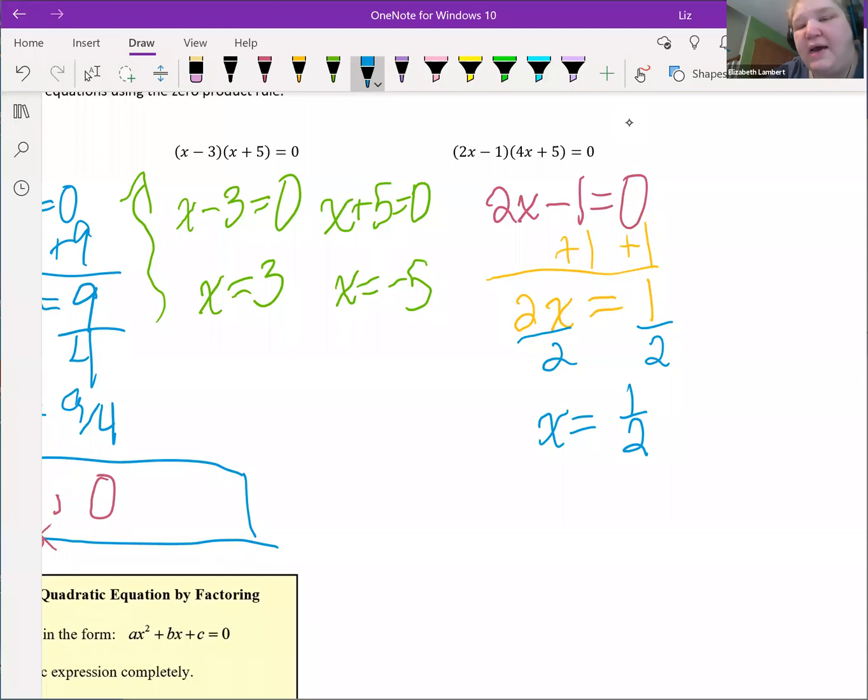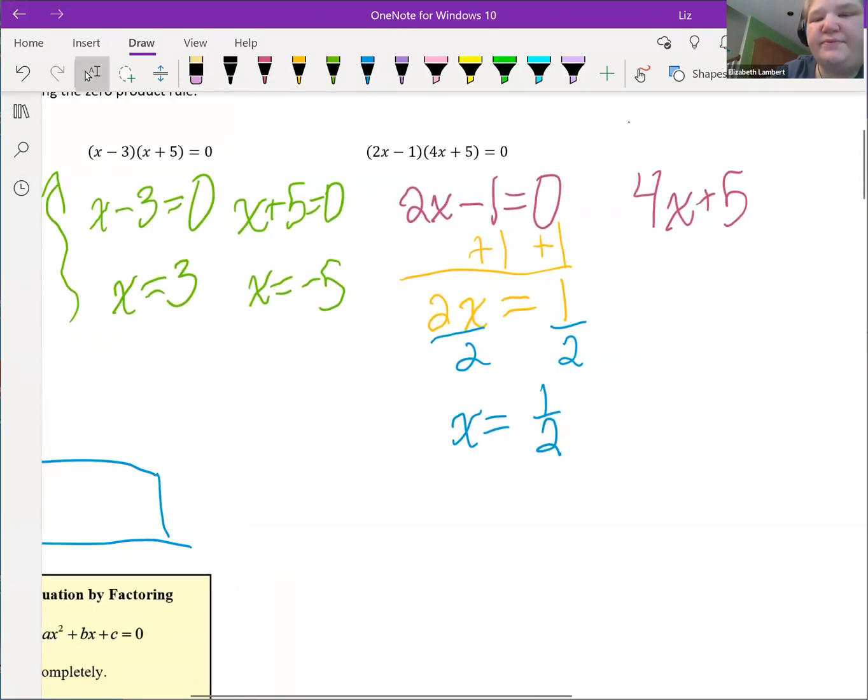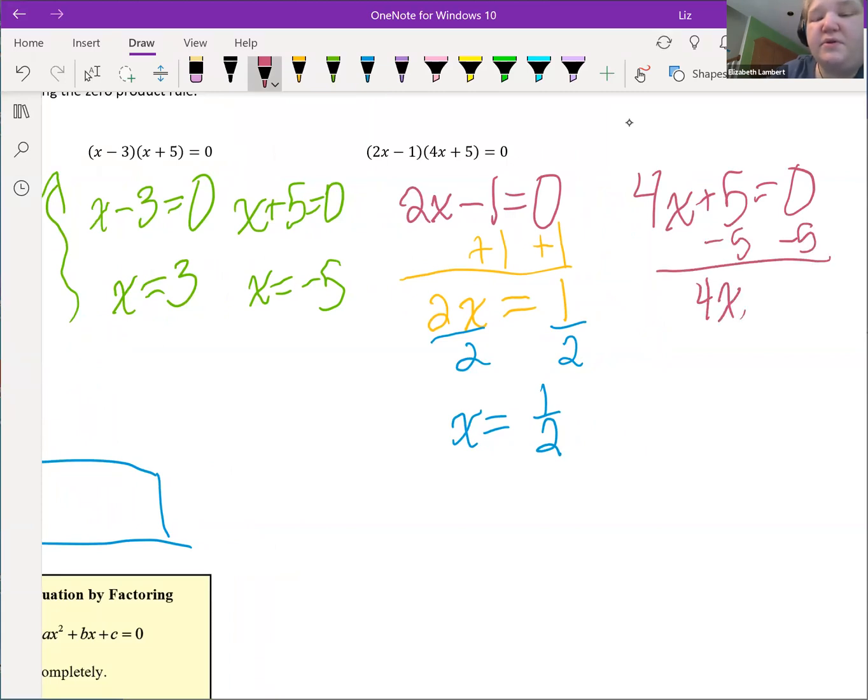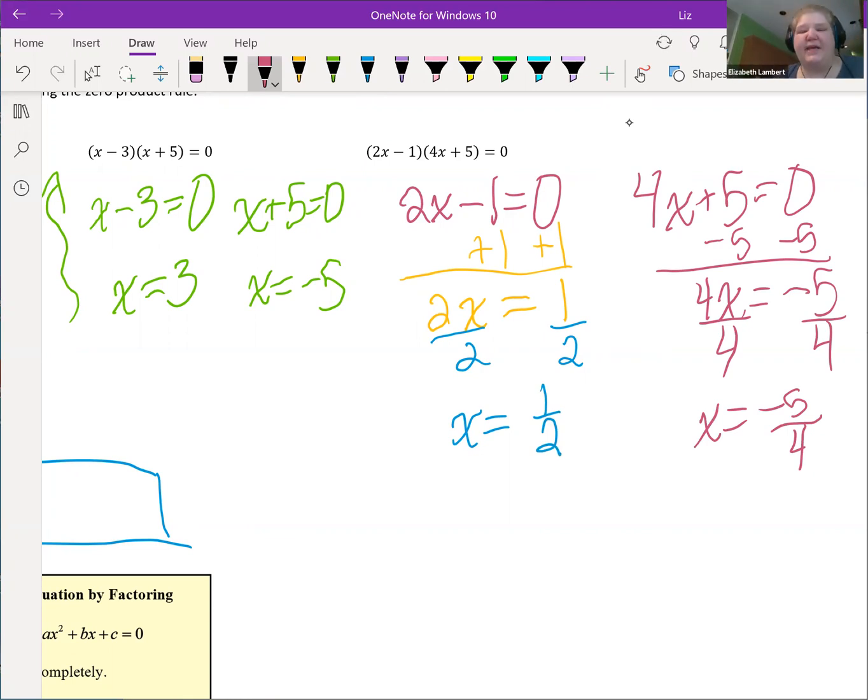All right, so 1/2 is one of our answers. And then the other one, 4x plus 5 equals 0, minus the 5. 4x equals negative 5 now, and divide by the 4. Negative 5/4. So both of those would be the answer there.